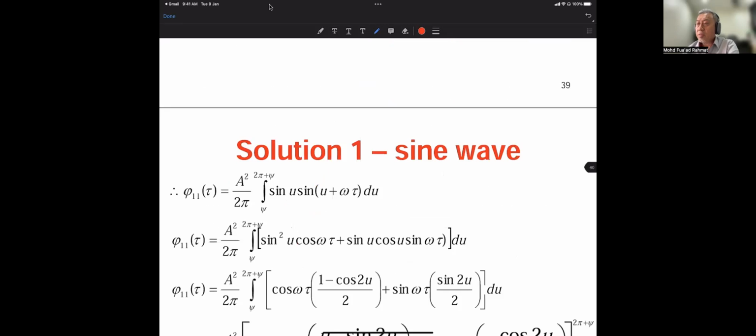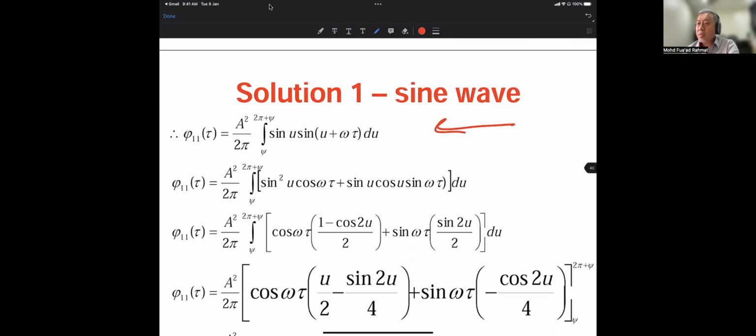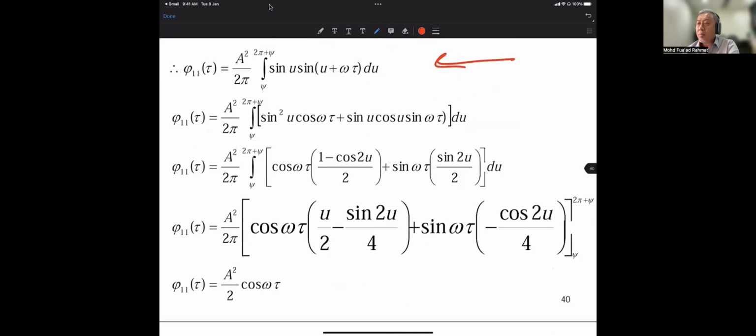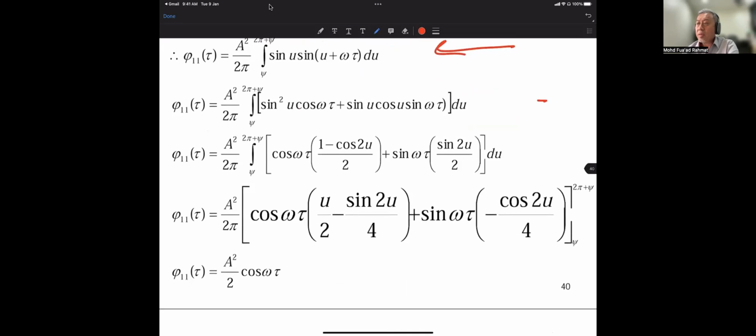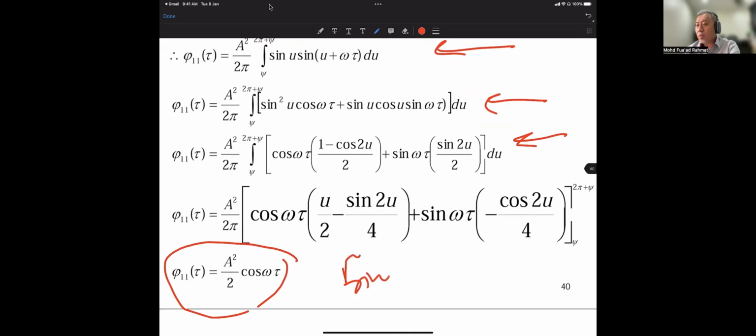The work is shown here. U equals omega t plus psi, so simplified. So this is almost all mathematics, and at the end of the day, we get a squared over 2 times cos omega tau. So if the signal is a sine wave and we apply the autocorrelation function, we get a cosine.